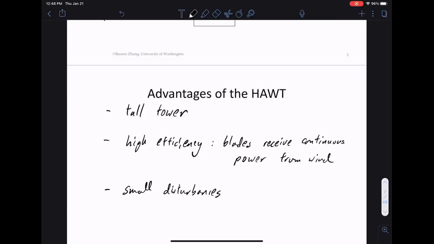Because the blade rotation speed, at least on a short time scale, is fairly smooth, you don't have things like transients or big voltage changes. So the main thing is you can build very tall, and then you can point at the wind direction, and that gives fairly smooth spin rates. It spins very smoothly.